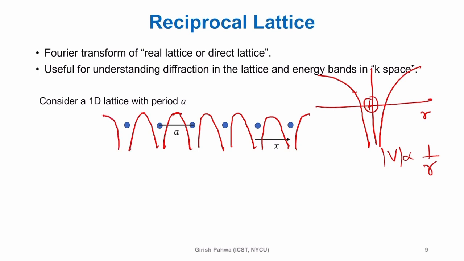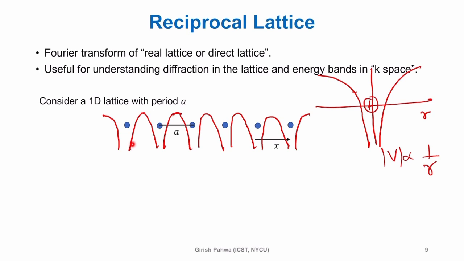If you combine them all together, you need to simply take the sum of all of these. Now, what is this? This is the crystal potential. This is the potential that an electron is going to see if it is going to move in this crystal. And is it a periodic function or not? It's a periodic function.